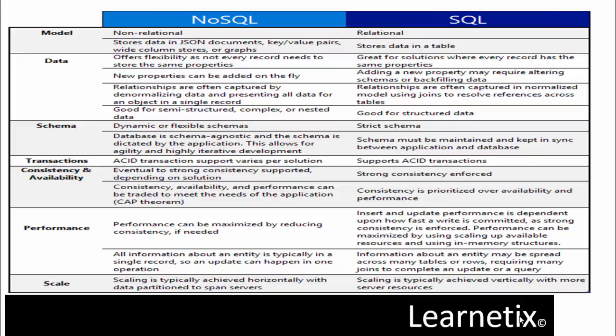In the case of consistency and availability, SQL enforces strong consistency, and consistency is prioritized over availability and performance. But in NoSQL, eventual to strong consistency is supported depending upon the solution, and consistency, availability and performance can be traded to meet the needs of the application, as in the CAP theorem.